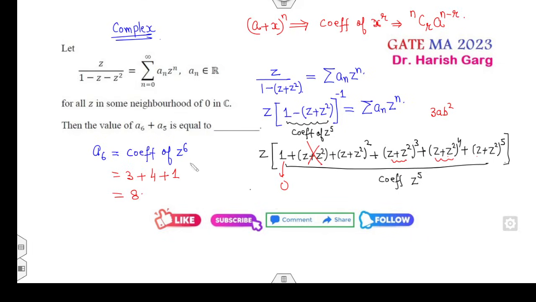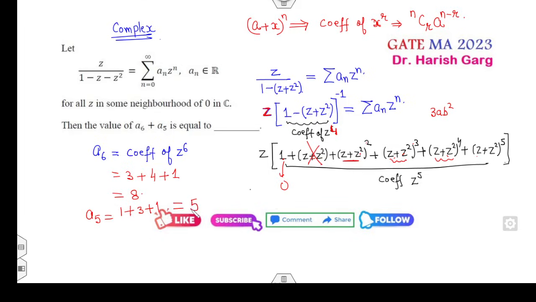Fine. Now similarly, can you find a5? Because z is already written outside, you need the coefficient of z raised to power 4. So first term 0, there is again 0. Do you get any coefficient of z raised to power 4? Yes, it's 3a square b plus coefficient of z4.